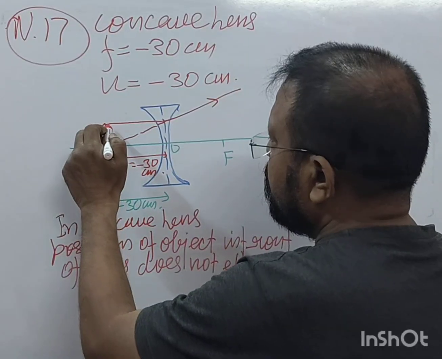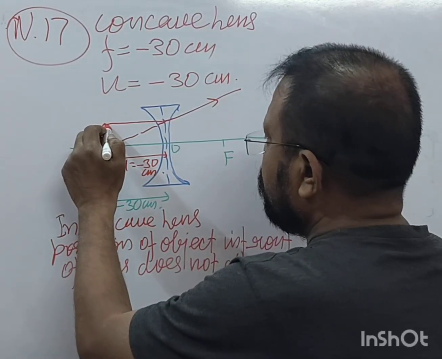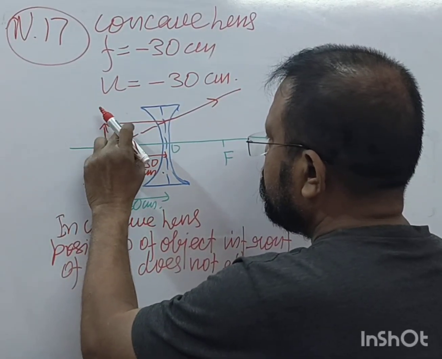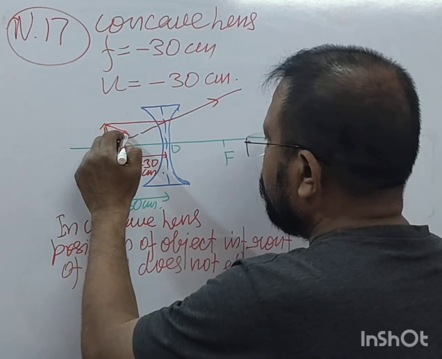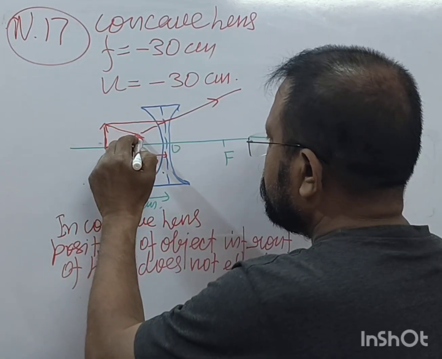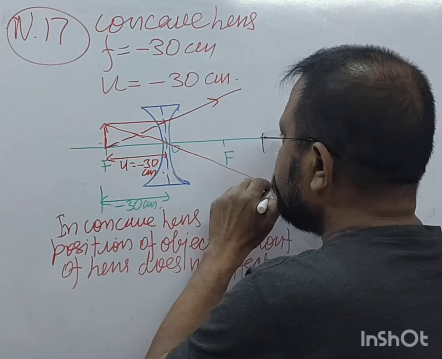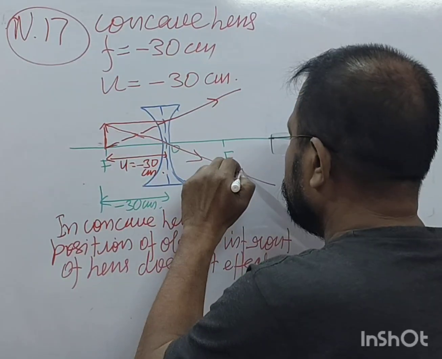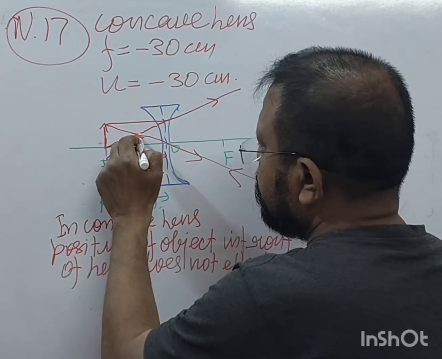And the line from the optical center behaves like a normal. So this is the image.